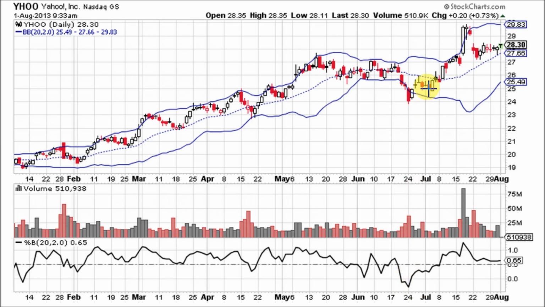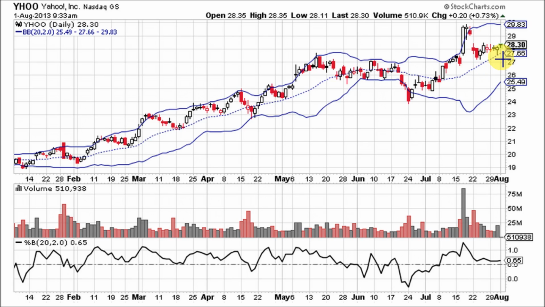It ran from 25 to about $30 just by buying below the lower Bollinger Band when it was very oversold.